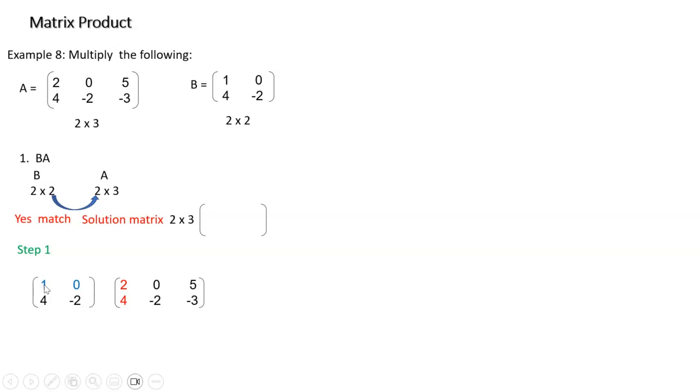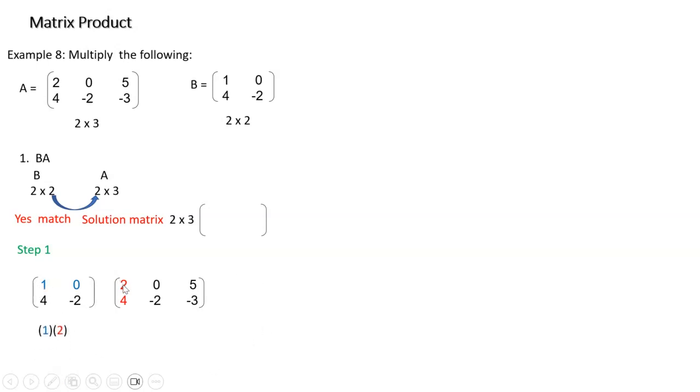Step 1, the first row times column 1. Step 2, the first row times column 2. Step 3, the first row times the third column. After that, there are no more columns, so then I'm going to multiply the second row times the first column, second row times the second column, and so forth. Let me show you by actually working it out here.